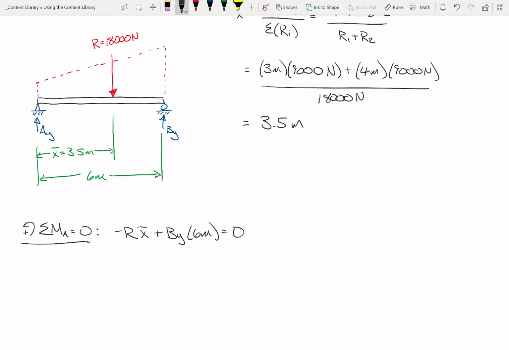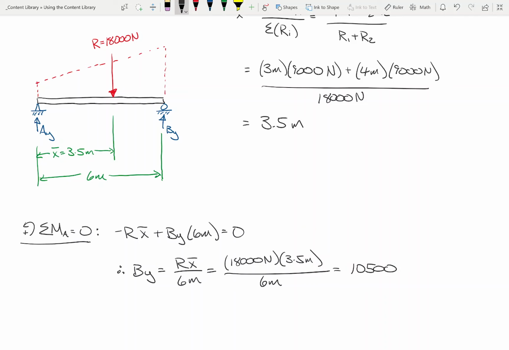R times x bar, BY times 6 the other way. So therefore, BY, I get the same thing that I got before.